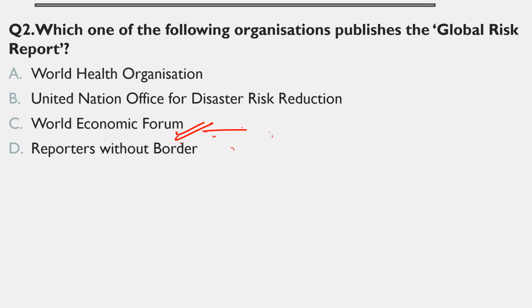And they have a meeting in Davos, Switzerland. In this meeting in Davos, they publish this report and tell what global risks we can have in this year. So this Global Risk Report is published at the annual meeting in Davos. Davos is a place in Switzerland.